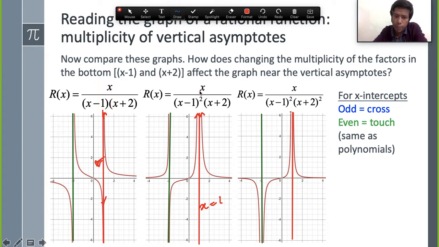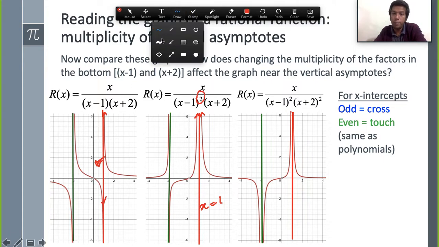Here, if the power is 2, then both of the graphs are going towards it in the same direction. It can go down also, but it will happen in the same direction. But if the power is 1, then it is going in the opposite direction. This side is going up, this side is going down.